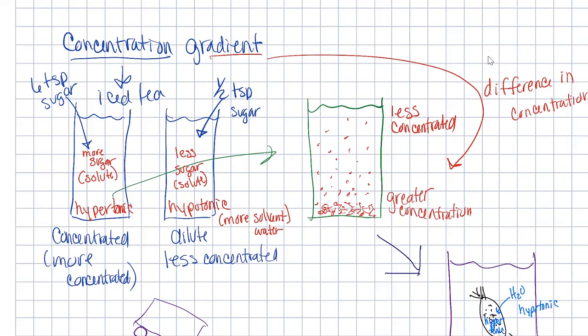Two glasses of iced tea. Here's one of them. Here's another. Okay. In one of them, we put 6 teaspoons of sugar. In the other, we put a half a teaspoon of sugar. Which solution is more concentrated? The one with 6 teaspoons of sugar or half a teaspoon? With 6, yes. 6 is much more concentrated.